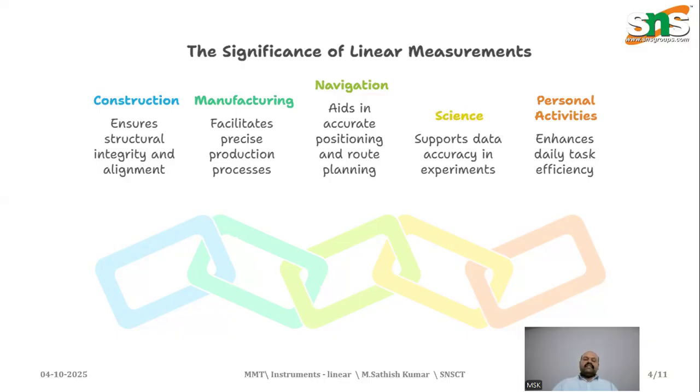In navigation, it aids accurate positioning and route planning. Without linear measurements, we cannot sail across the sea. And in science, it supports data accuracy in experiments, and it even helps in personal activities, enhancing daily task efficiency.